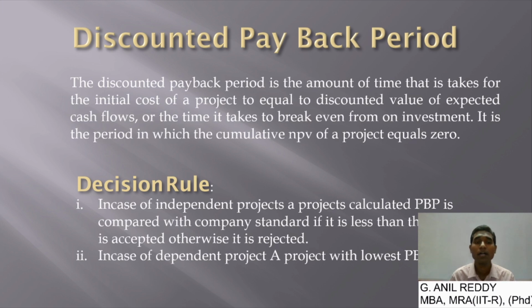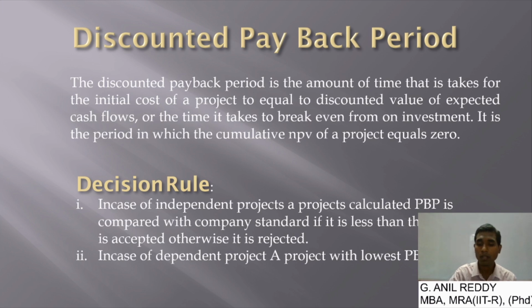That is how the decision rule goes in case of independent project. Now in case of dependent project, a project with lowest PBP is accepted. So in case of dependent project where you have more than one project, that is 2 or more projects, then in such cases a project with lowest payback period is accepted.